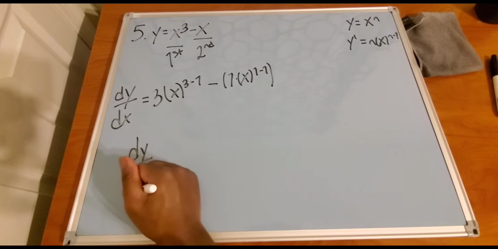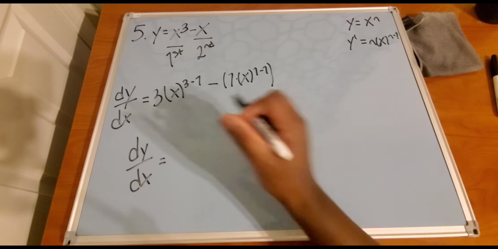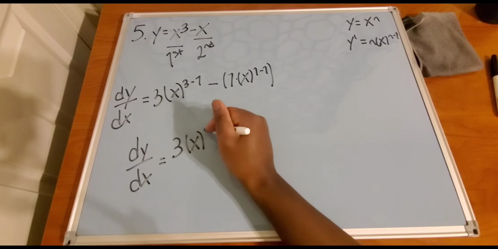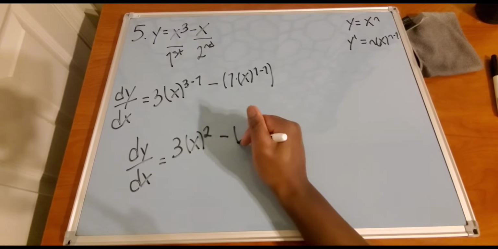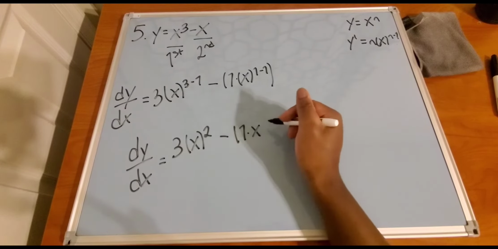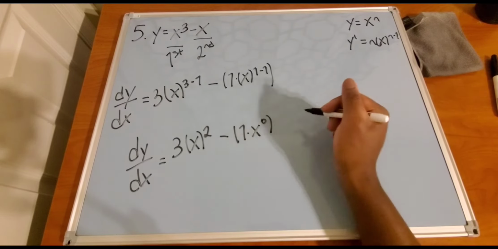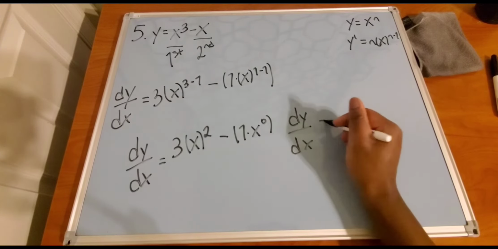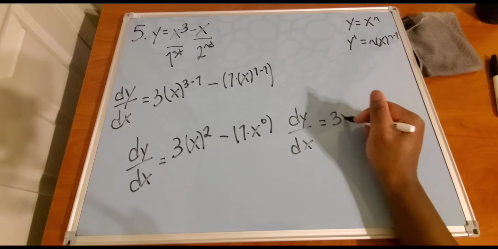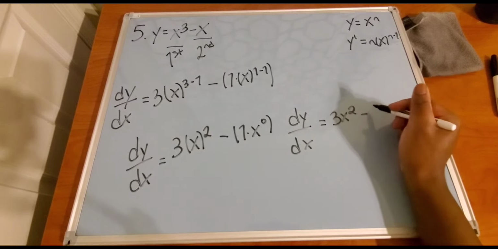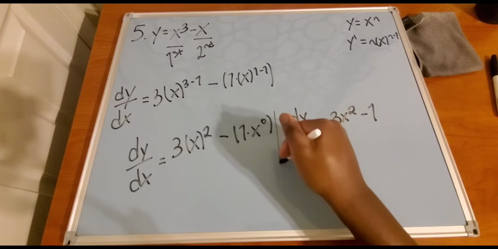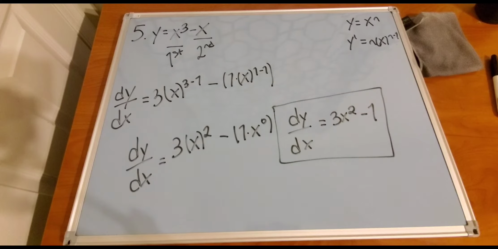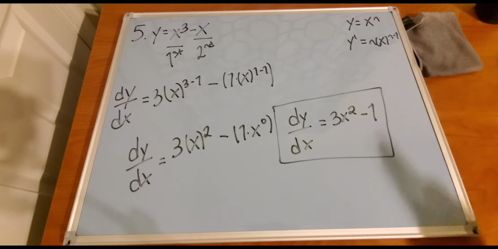We can say dy dx is equal to 3 times x squared minus 1 times x to the 0th power. So dy dx is equal to 3x squared minus 1. Anything to the 0th power is 1. And that is our answer for question number 5.